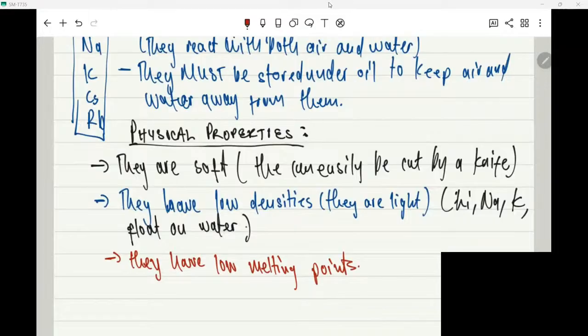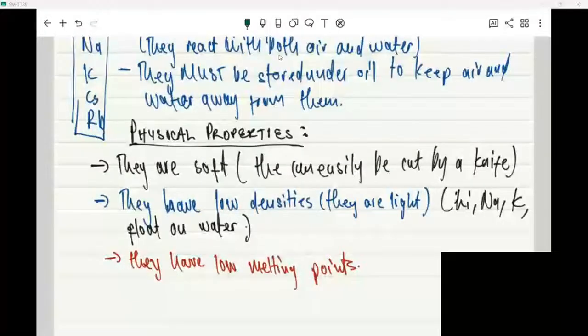Group 1 metals are soft and they actually get softer as you go down the group. They have low melting points, and the melting point goes down as you go down the group. I'll talk about trends.